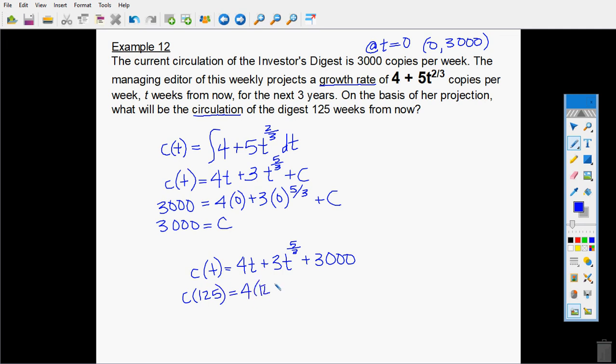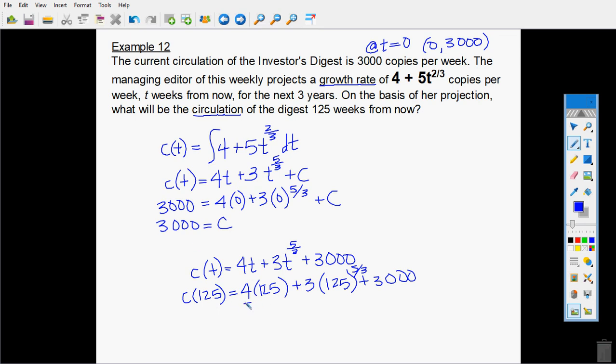I just go ahead and put in 125. Oops, let's not forget our exponent. I think about this as the cubed root of 125, which would be 5, raised to the 5th power.